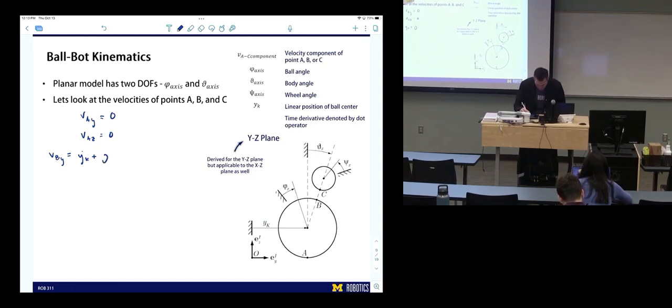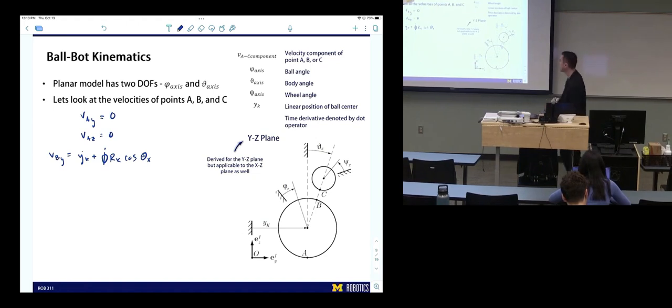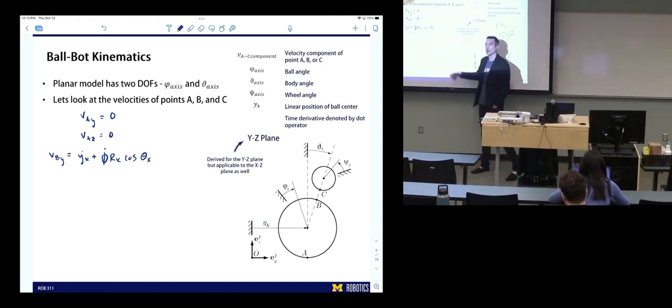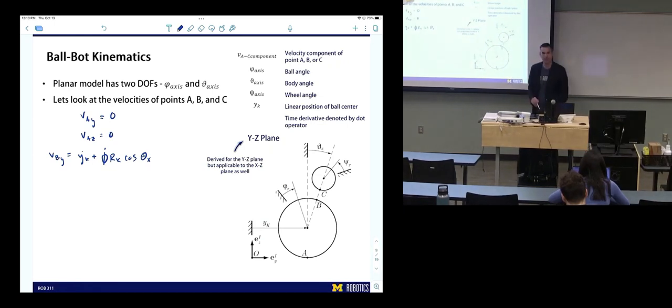Yeah, so we're going to do phi dot rk cosine of theta x. Okay, so this is our description of the linear component of velocity of point B.